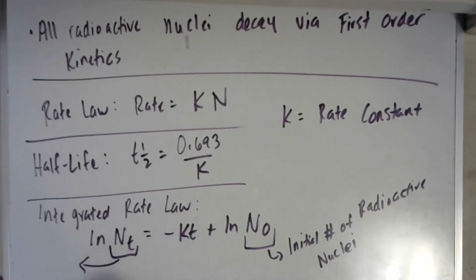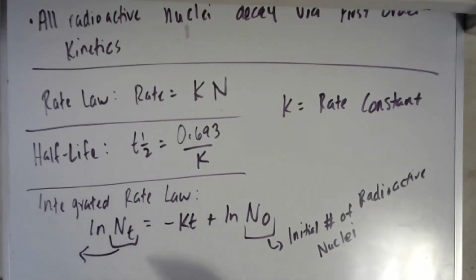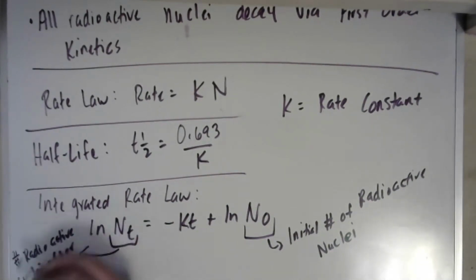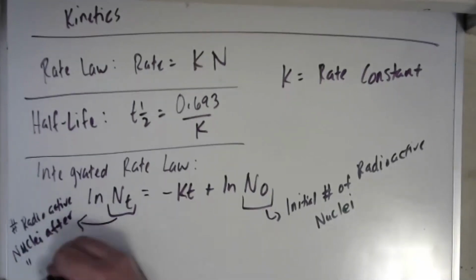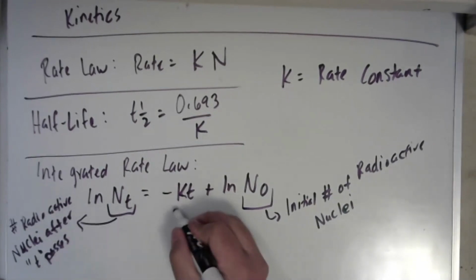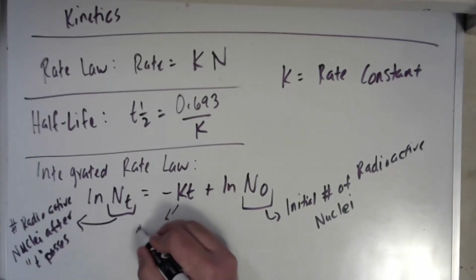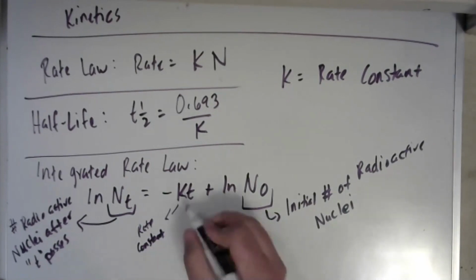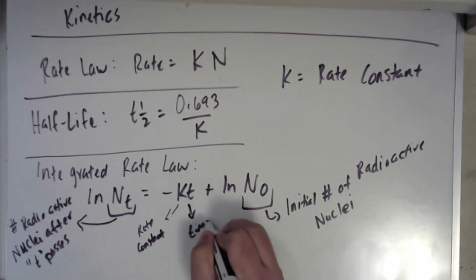This N sub t value is going to be the number of radioactive nuclei after a certain amount of time passes. So I'll just write that as after t passes. The k is still your rate constant, and then t is going to be your time.